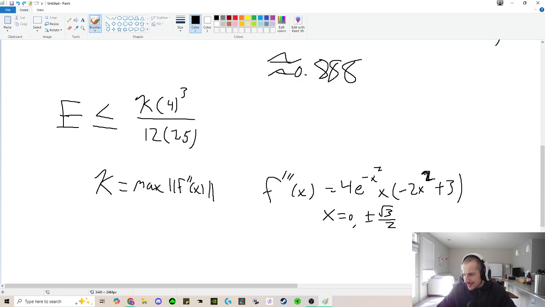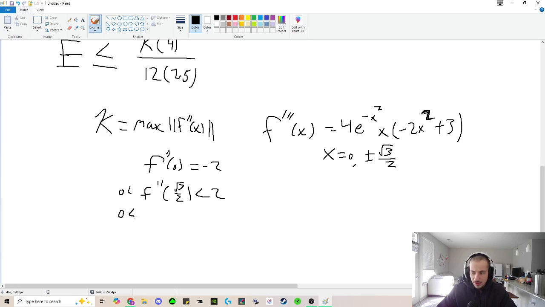When we plug these things in, we end up getting that f double prime of 0 equals negative 2, and then f double prime of root 3 over 2 is bounded by 0 and less than 2, and similarly 0 is less than or equal to f double prime of negative root 3 over 2.